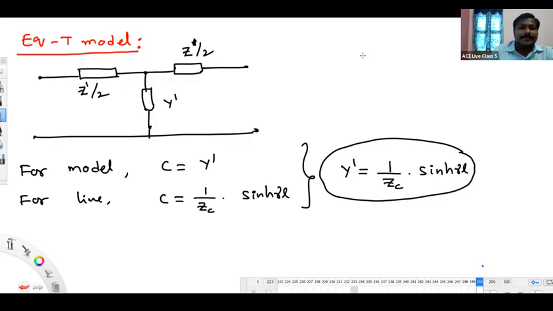Next, what is parameter A of the model? 1 plus Z dash Y dash by 2, and for the long line, cosh gamma L. Those we have to match and we should get this Z dash by 2.